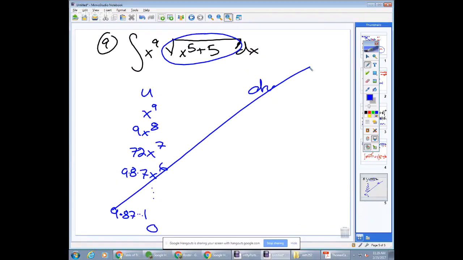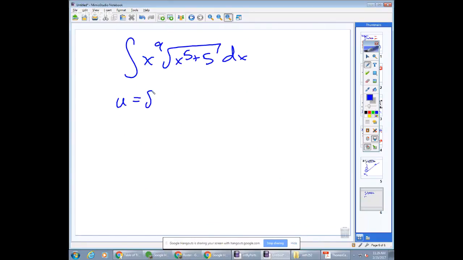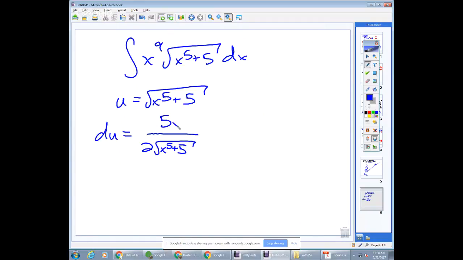So then we might say, oh, well, let's just switch them. Let's let u be the square root of x to the 5th plus 5, and dv be x to the 9th dx. What's du then? Well, du would be 1 over twice the square root of x to the 5th plus 5 times the derivative of x to the 5th plus 5, which is 5x to the 4th.